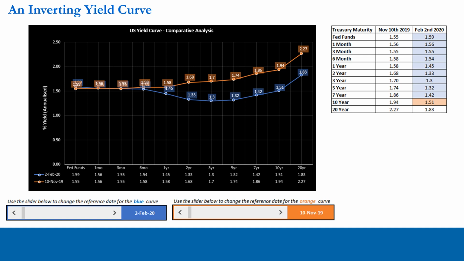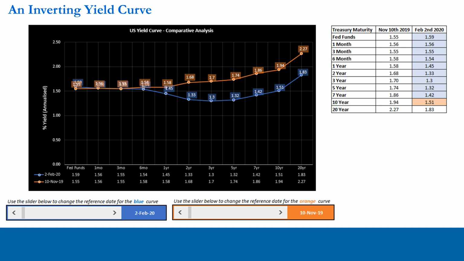So what is being characterized in this market is very obviously buying of long-term bonds, which is suppressing the yield, and the yield is going down on the 10-year.